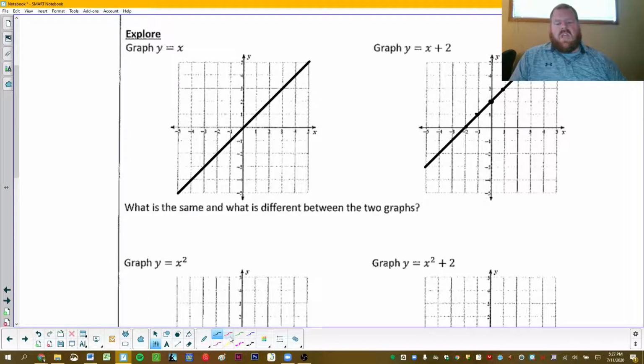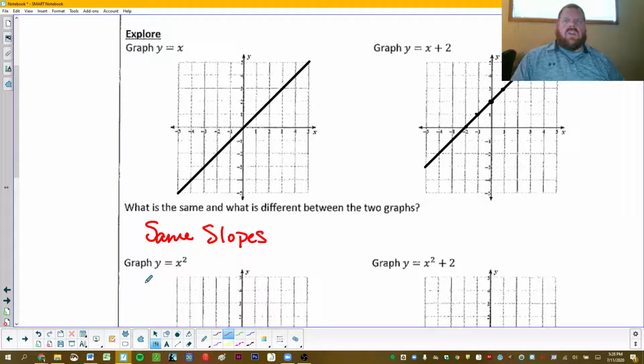Well, same-wise, we know that we have the same slopes. Just having that knowledge and knowing what that means actually means a lot more than just one item. We know that they grow at the same rate. We know a lot of things.